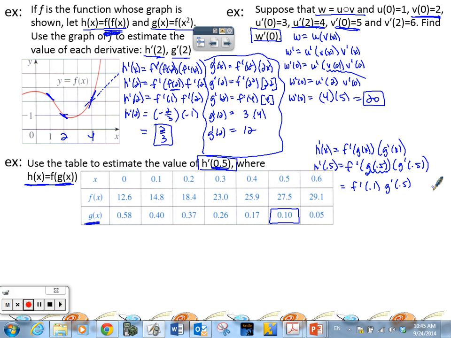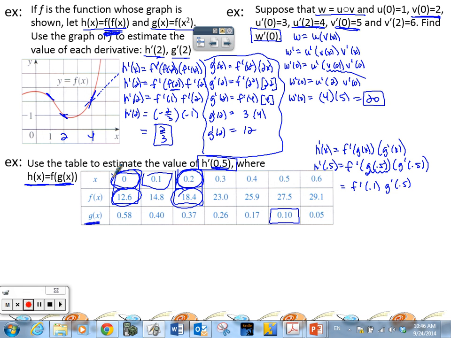What I would advise is to go to this 0.1 and reach to either side. So your endpoints of your secant would be at 0 and 0.2. This one is f, therefore we would be using these y values as the endpoints of our secant line.